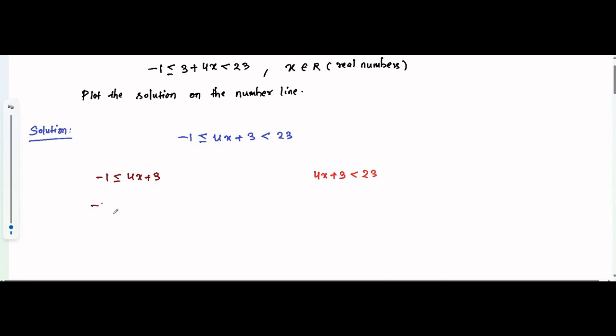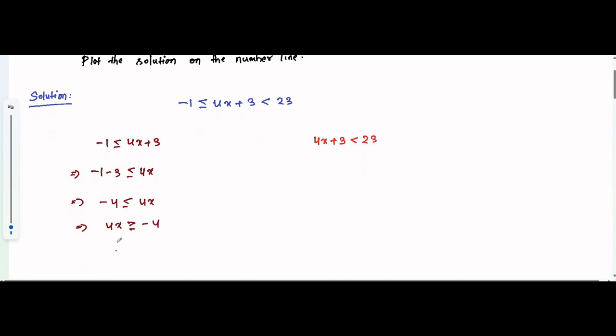Okay, so for this we have to do -1 minus 3. We have taken this plus 3 to the LHS side, is lesser than or equal to 4x. That implies -4 is lesser than or equal to 4x, or 4x is greater than or equal to -4. Same thing. So we'll divide both sides by the same positive number, 4.